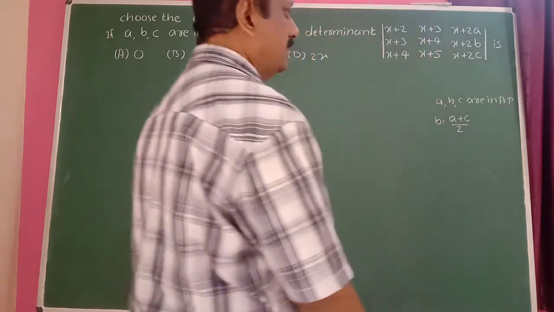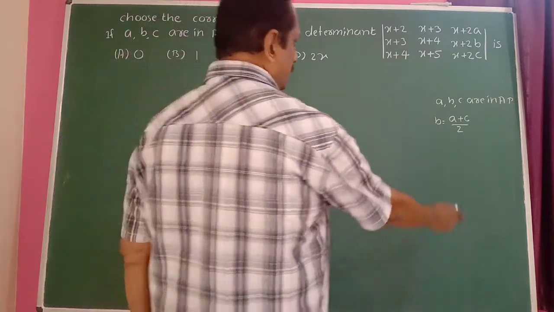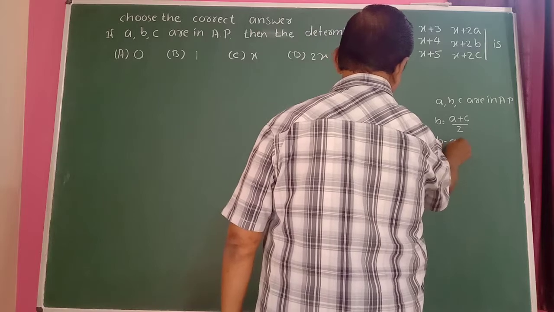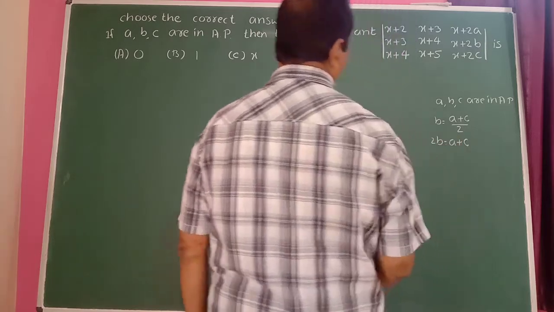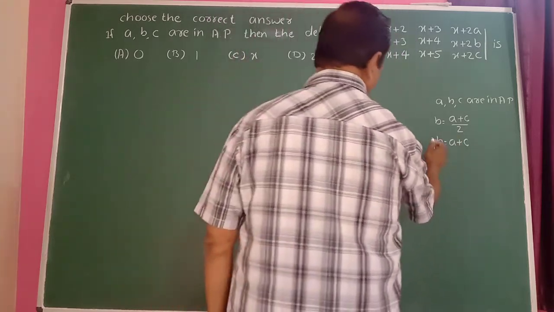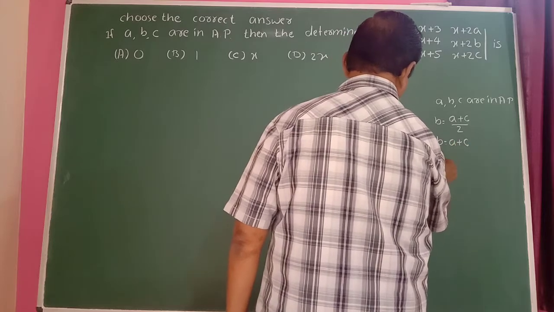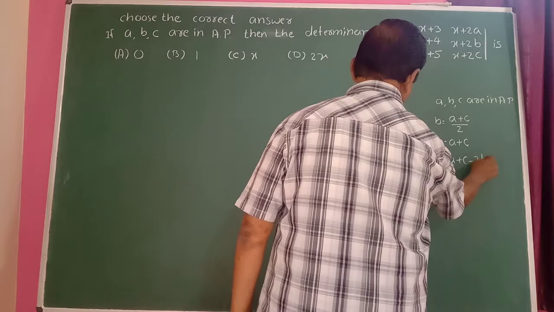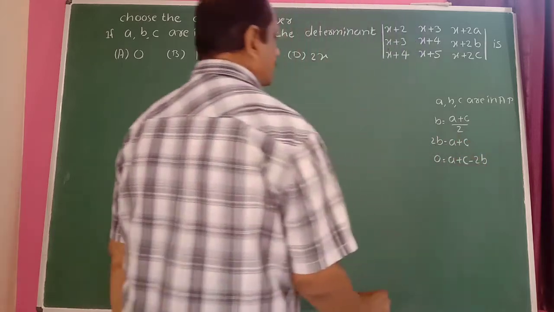This is the formula, arithmetic mean. Just take it to this side. 2b is equal to a plus c. And take 2b to the right hand side. Therefore 0 is equal to a plus c minus 2b.